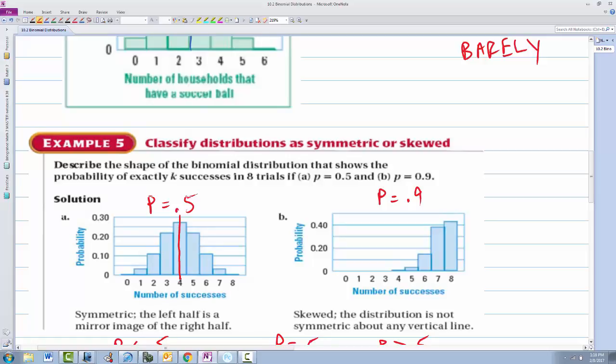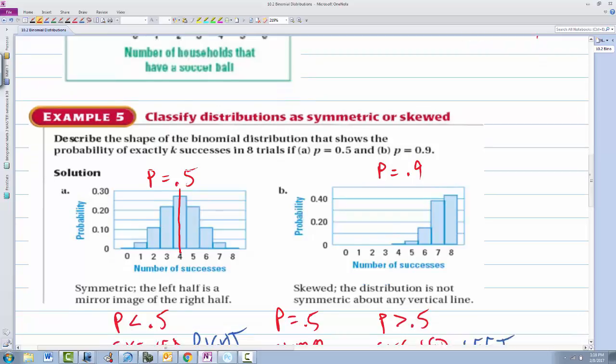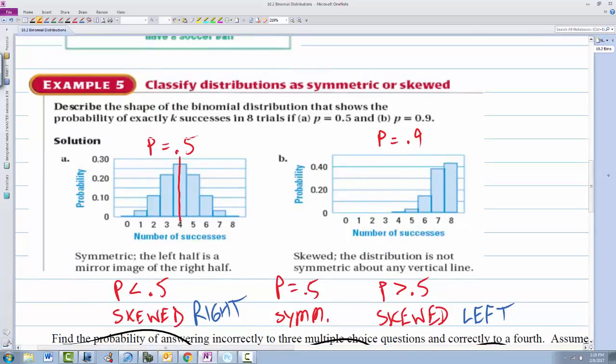And then when the probability is 0.9, the mean will always be a little bit left of most of the data when you actually find it. So that is actually considered skewed left, not skewed right. So I do have a problem with it as well. I feel like all of the data is on the right, so it feels skewed right to me, but it's actually opposite that. Whoever decided to come up with these terminologies.